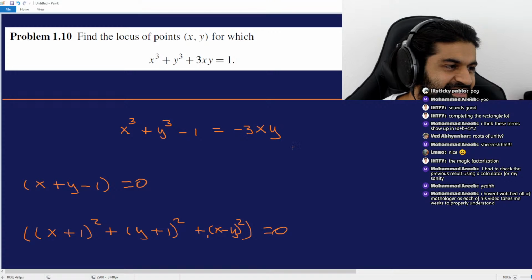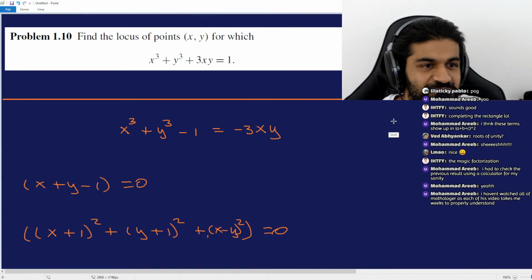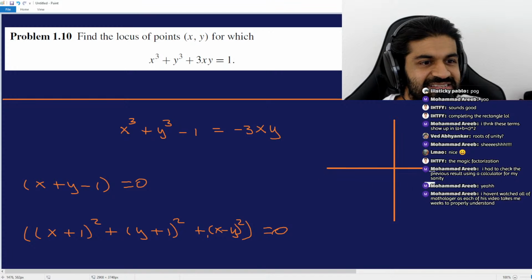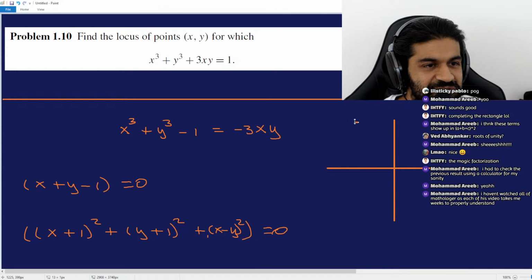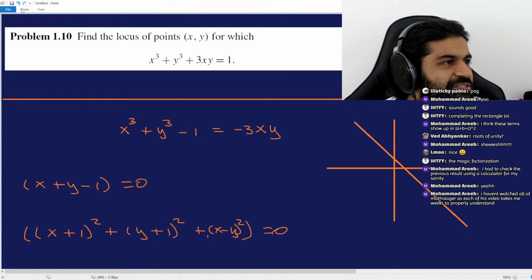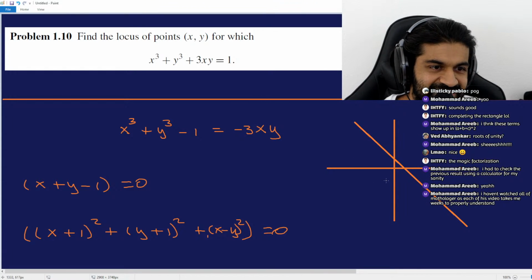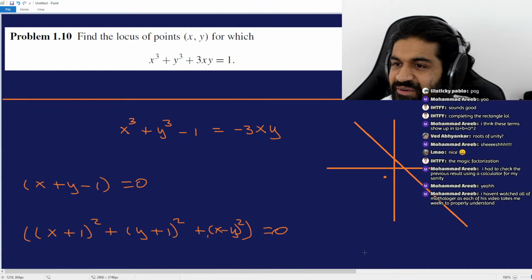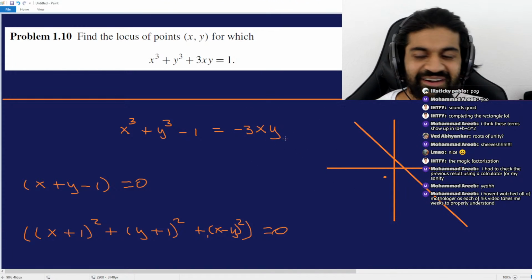So to draw all solutions to this set of equations, it's just going to be x plus y equals 1, which is a diagonal line here, and also the point -1, -1 is another solution. So this is the set of all solutions to this particular equation.